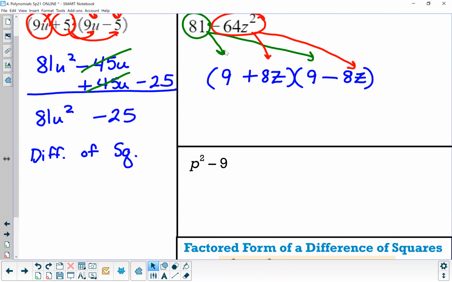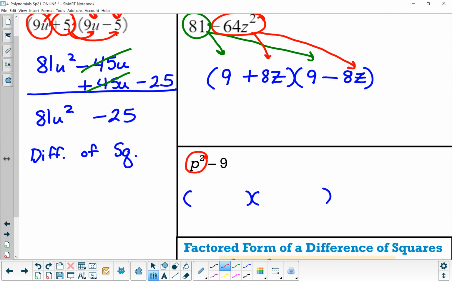All right, p squared minus 9. All right, go ahead and pause the video and try that on your own, and then we'll do it together. Okay, so again, you can use the AC method for this, but I recommend you use what I call guessing and checking.